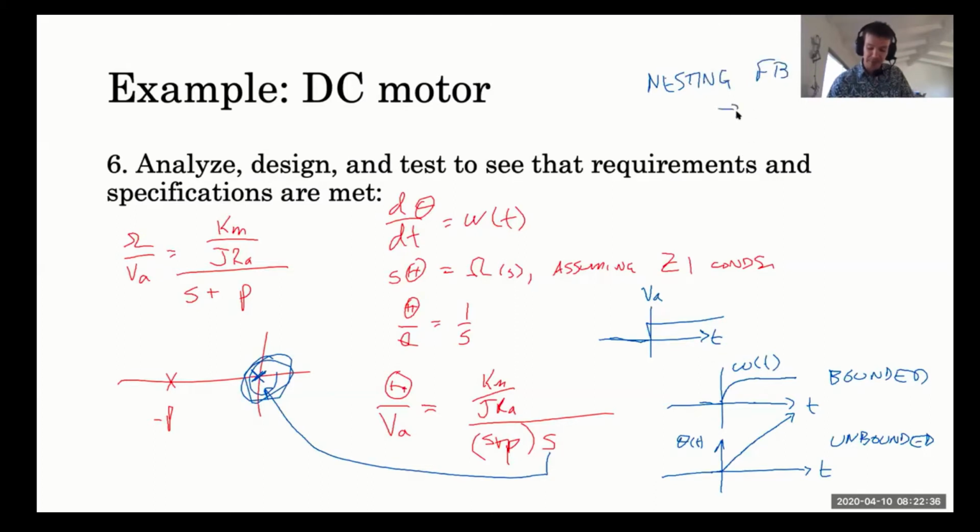There's no reason why you can't have one loop in here and then another loop out here. All you'd have to do is reduce this inner loop first, and then you would reduce the outer loop, and then the process repeats itself. Okay?